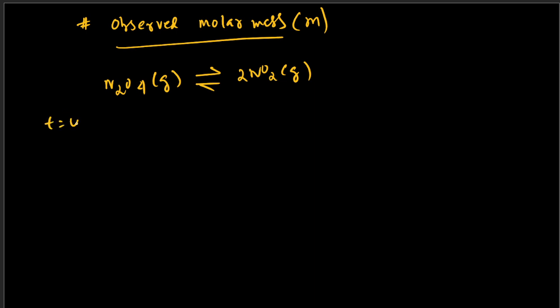At T equal to 0 we have 1 mole of N2O4. Now product has formed, and at T equal to equilibrium, suppose alpha has been consumed from the 1 mole. So for 2 moles of NO2, 2 alpha will form.